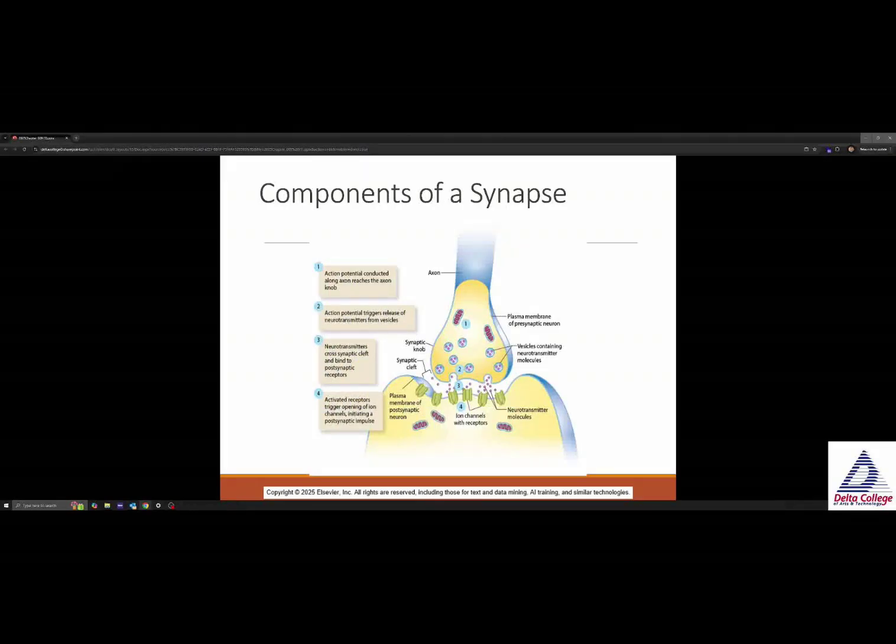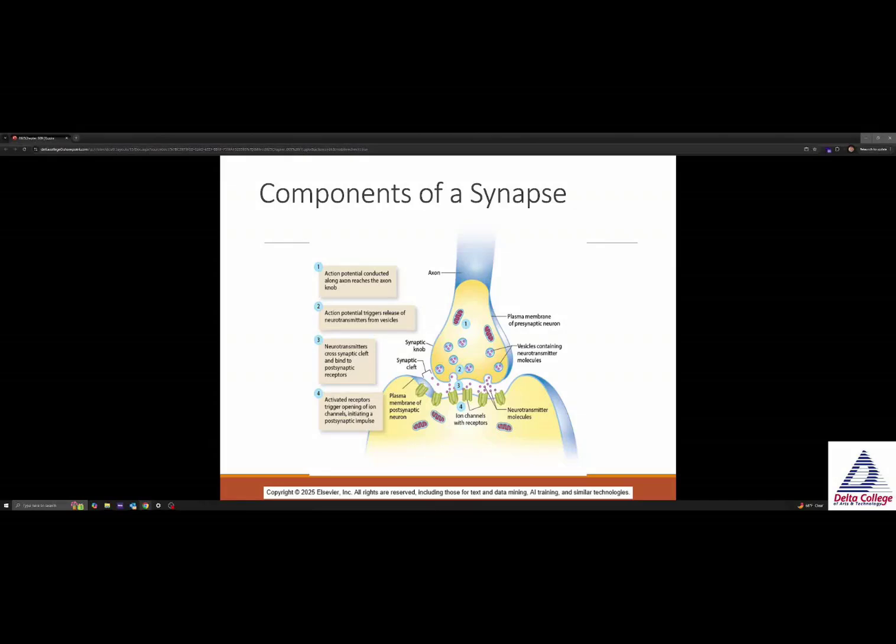So this here shows the components of a synapse. Number one, the action potential conducted along the axon reaches the axon knob, the synaptic knob. Then this action potential triggers the release of neurotransmitters from little vesicles in there. The vesicles are little, round things that kind of carry the neurotransmitters.